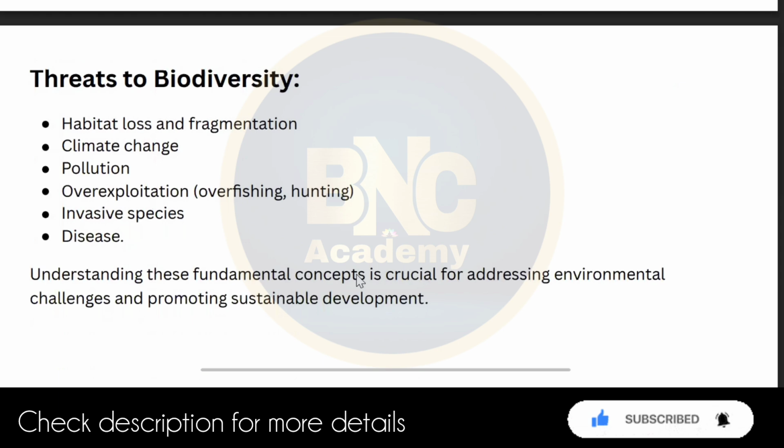Ecology provides the framework for understanding how life interacts with its environment, while biodiversity represents the rich tapestry of life itself. Protecting biodiversity is not just about preserving individual species, it's about safeguarding the health and the resilience of the entire planet. Hope you are clear with these ecology and biodiversity basics.